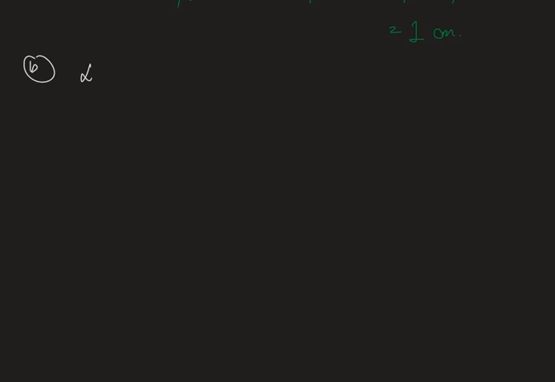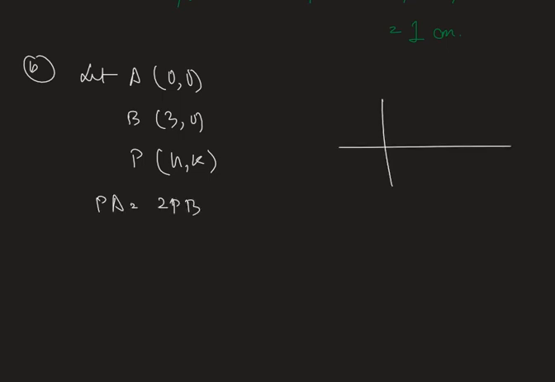Let A be a point with coordinates 0, 0 and B be a point with coordinates 3, 0 and P be h, k. This is a point at the origin, this is point B which is 3, 0 and suppose this is point P which is h, k.